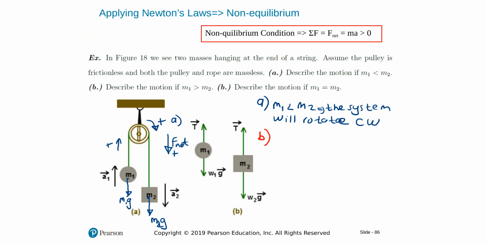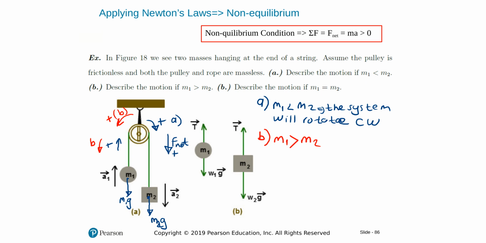It tells me what happens if M1 is larger, and I imagine and hope that you folks can see it. It will be the opposite then, right? So M1G will win this time. It will cause the system to rotate to the left. I'm going to take the left to be my positive, so on the right side up is positive, and on the left side down is positive.